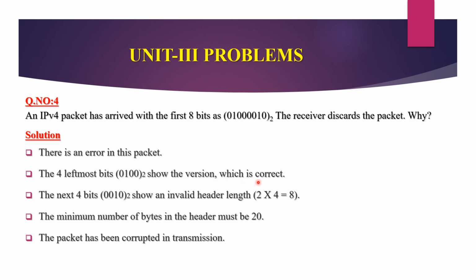The next 4 bits, 0010, show an invalid header length: 2 times 4 is 8, which is invalid. The minimum number of bytes in the header must be 20, so the packet has been discarded or corrupted in transmission.